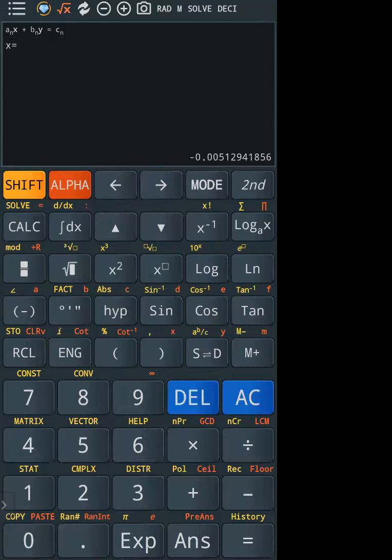How much? Minus 5.129 into 10 raised to minus 3.